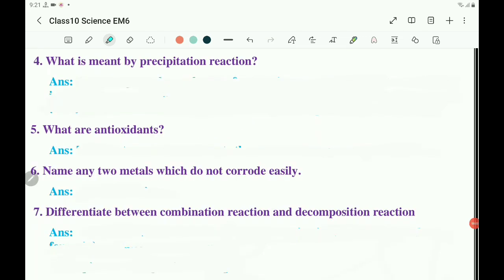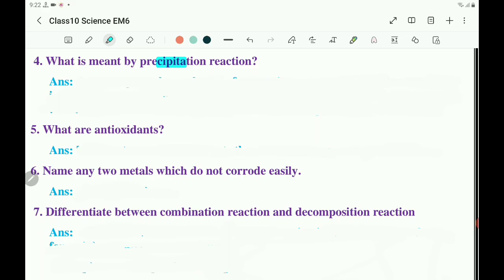Next question, what is meant by precipitation reaction? When two ionic compound solutions are mixed, a substance which is insoluble in water is formed. This insoluble substance is known as precipitate. The reaction in which precipitate is formed is called precipitation reaction.